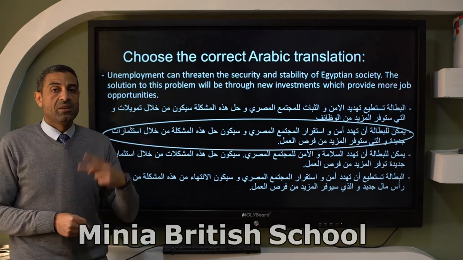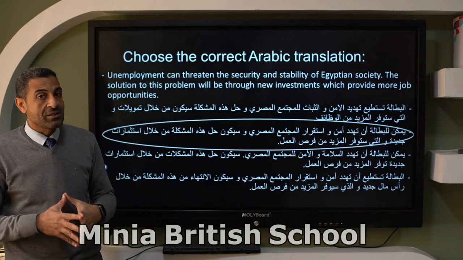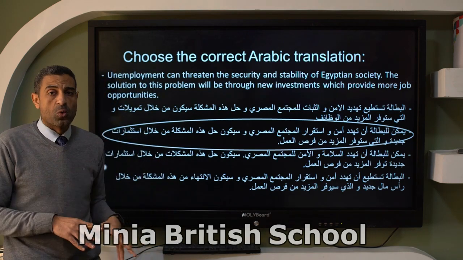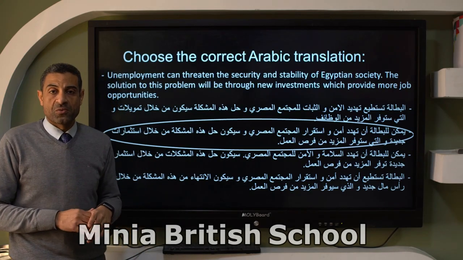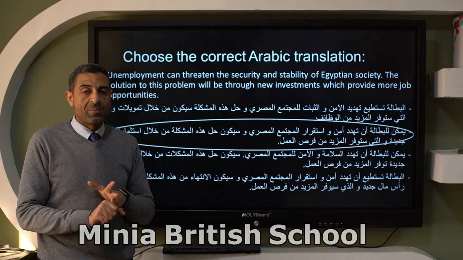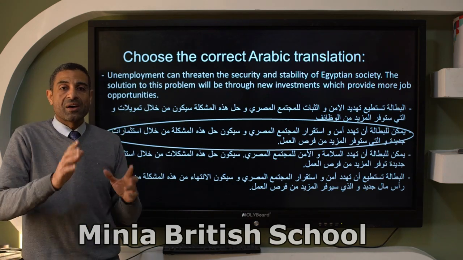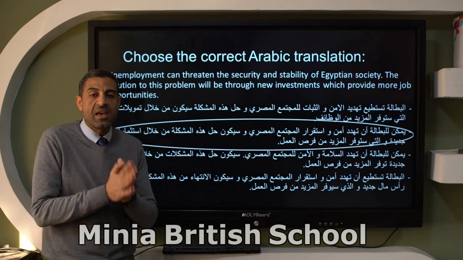This is number one. Number two, about the writing topic, you have to write in an essay form. You have to write in different paragraphs. You have to be careful of your spelling, your grammar, your punctuation, and the most important, the idea. You have to write about the same idea.